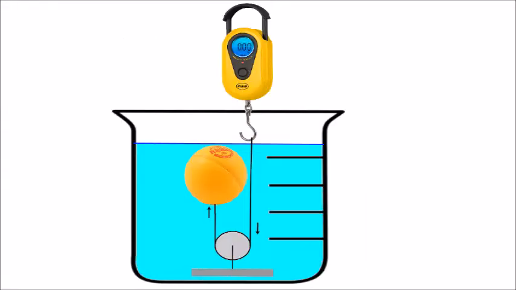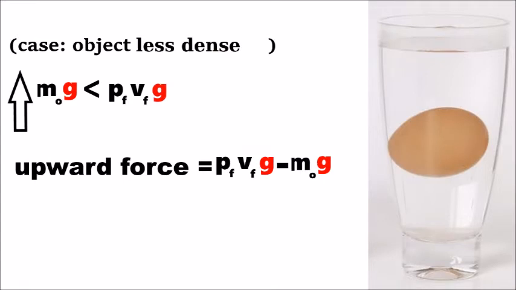So this will be the setting of our experiment. You get a ping pong ball and you suspend it like that by a pulley in a beaker, and you put some weight to measure the force, which is the force of buoyancy. But not only buoyancy. Look, the upward force equals the force of buoyancy minus the force of weight of that object.